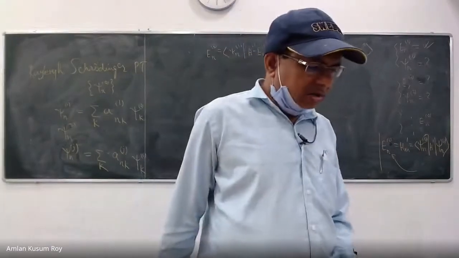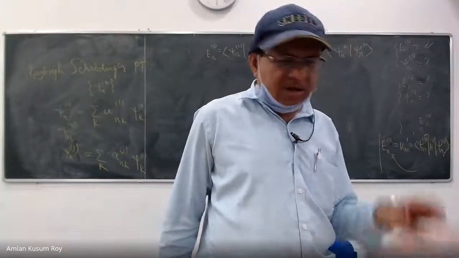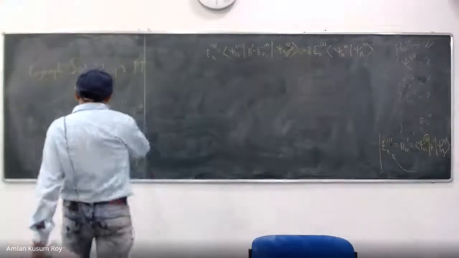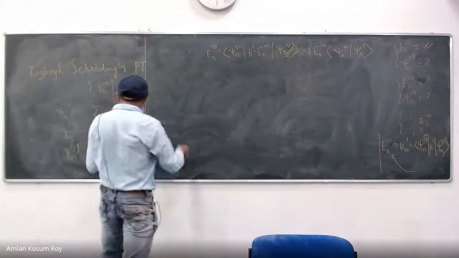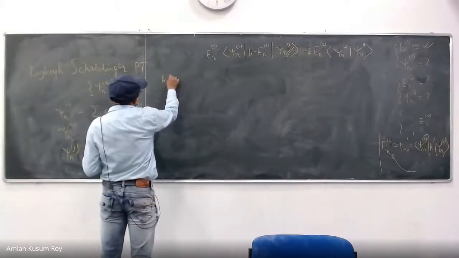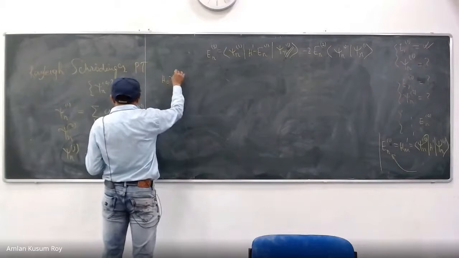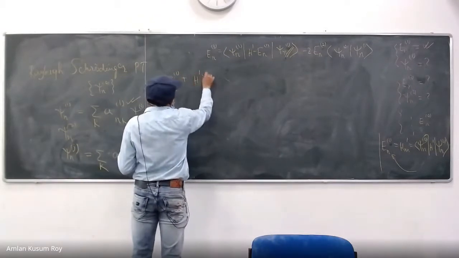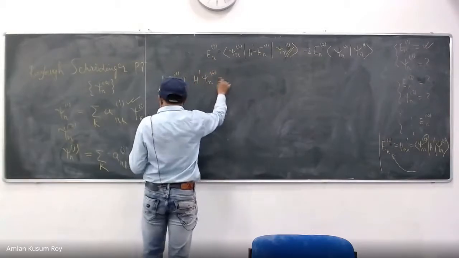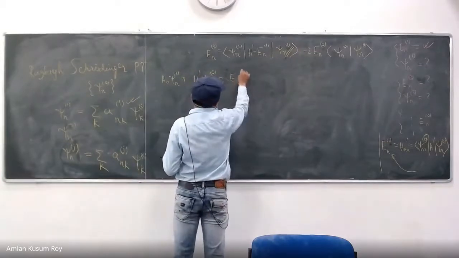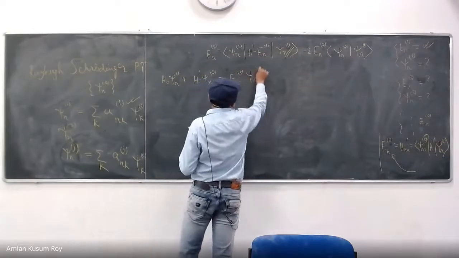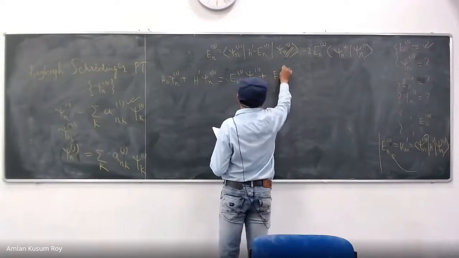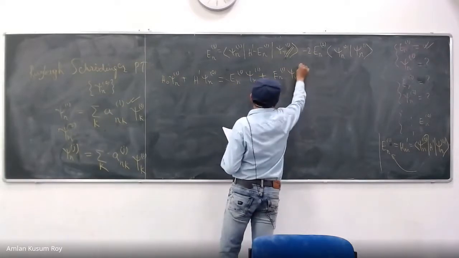Once you do this, it's just going back to the same equation that we used. So we go back to that equation: h0 psi n1 plus h prime psi n0 is equal to en0 psi n1 plus en1 psi n0.